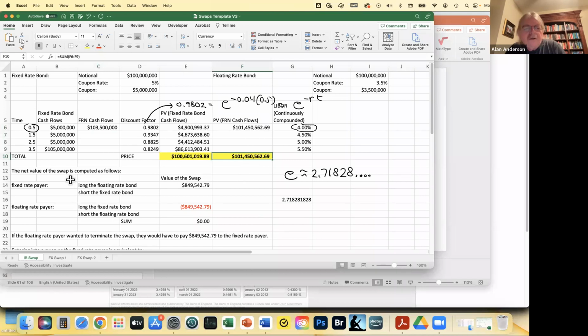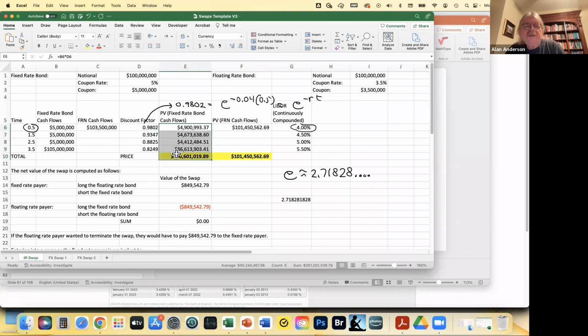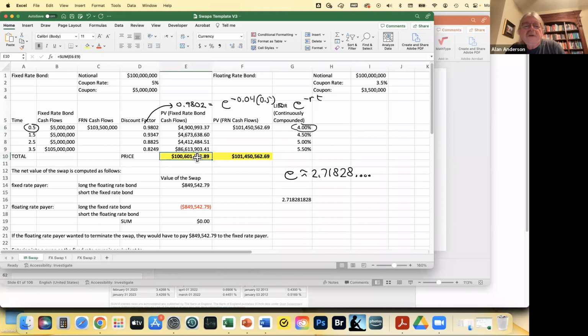So right now, the fixed rate payer, because they own the floating rate bond, but they are short or have sold the fixed rate bond, the value of their position is the 101,450,000 minus the 100,601,000, which means their position is worth $850,000 roughly.